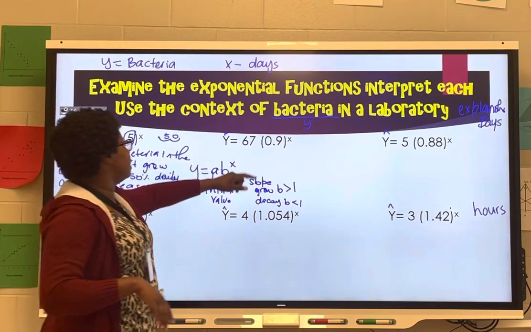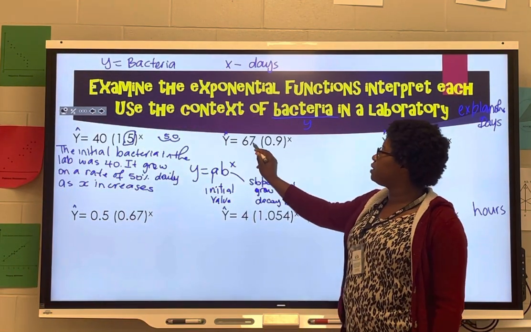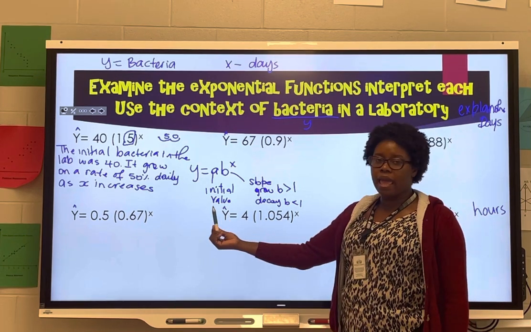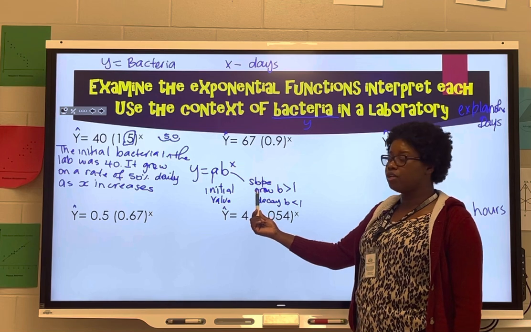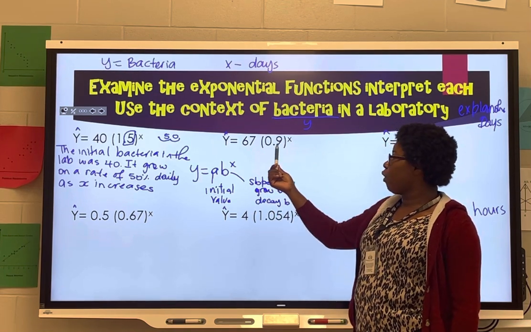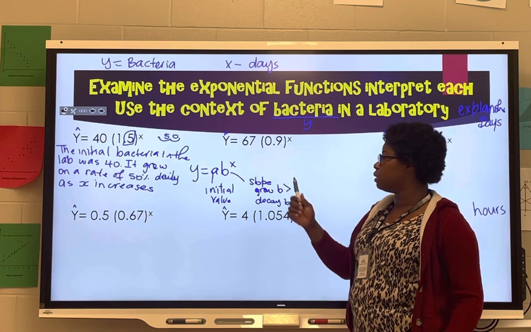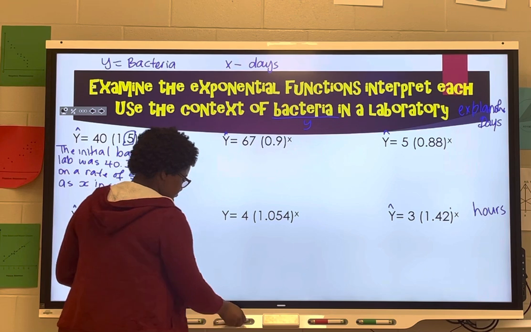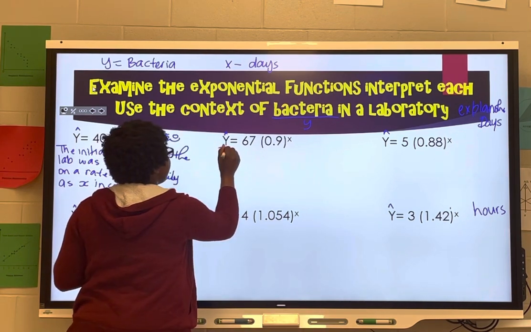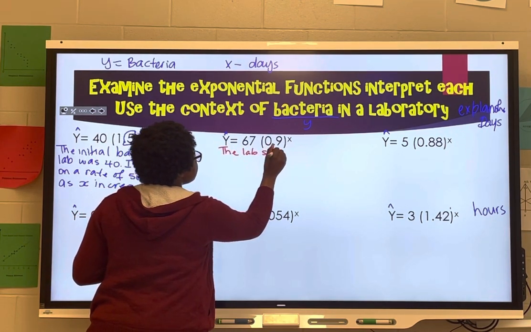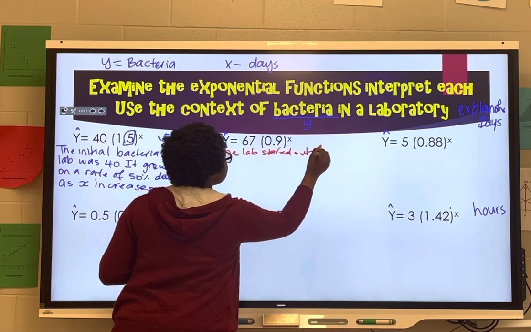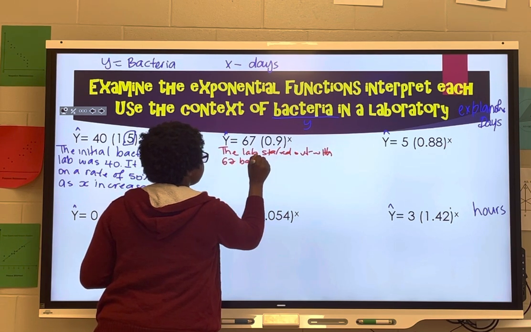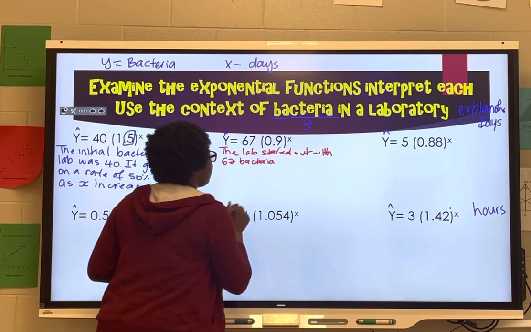Alright, let's continue with this one. So this one says y is equal to 67 times 0.9 to the x. Remember, a is your initial value, b is your slope, either it's growing, greater than 1, or decaying, less than 1. So let's do this question. I'm going to erase this aspect here. So right here we can say the lab started out with 67 bacteria, right?